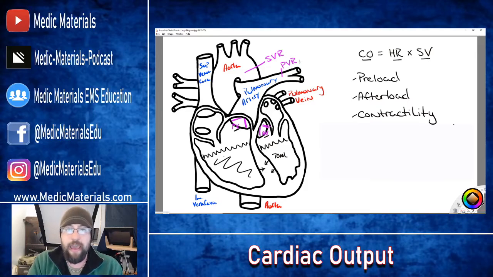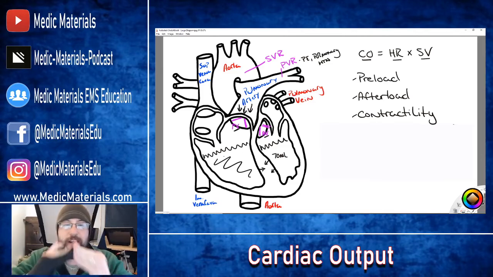Things like a PE here, or pulmonary hypertension, are things that cause pressure to be closing this valve, putting more pressure on that door so it can't open.